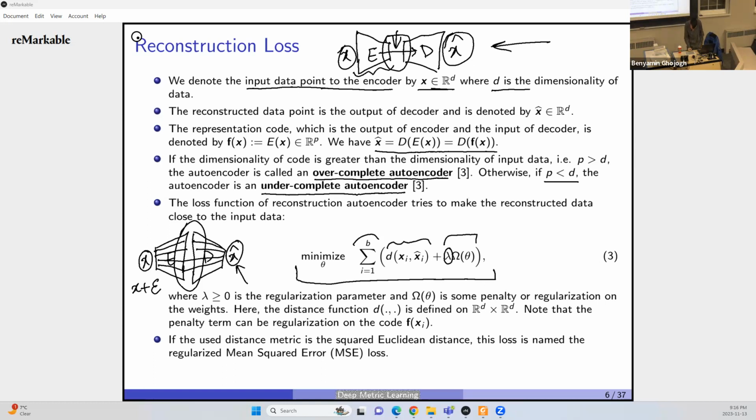This distance can be, for example, a squared Euclidean distance. If we use a squared Euclidean distance, this is called mean squared error. Error is the distance. Mean is because 1 over b times the summation becomes a mean, a scaled mean. And squared is because it's the squared Euclidean distance.